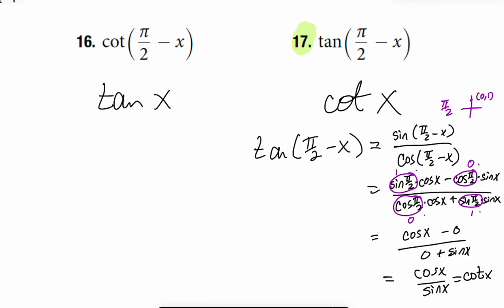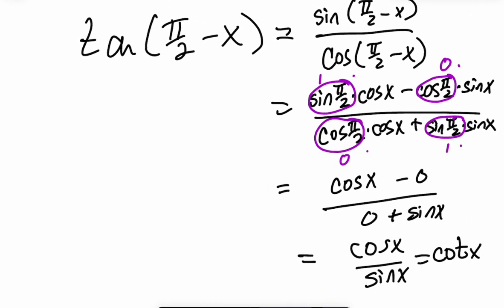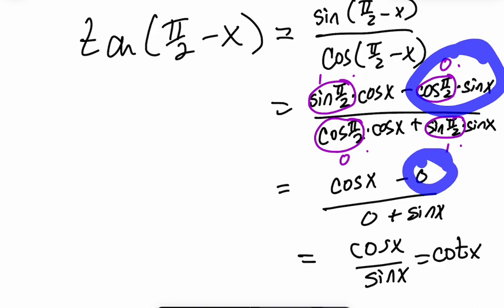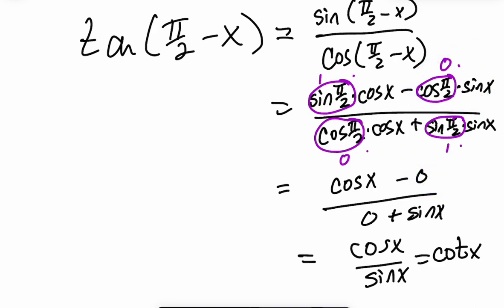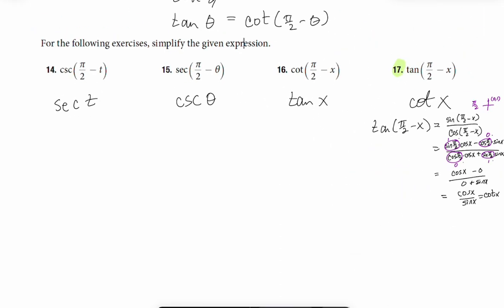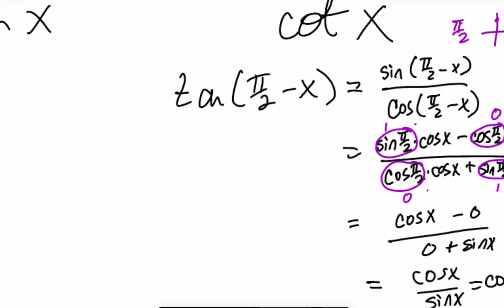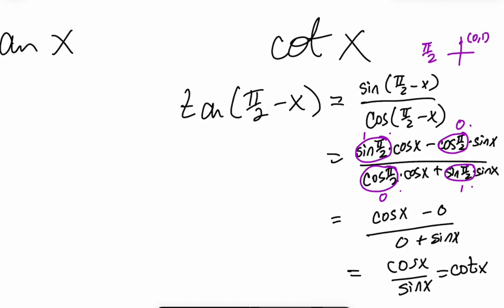It was multiplied by 0. 0 times the sine of x. The cosine of pi over 2 is 0. So that's 0 times the sine of x, which becomes 0. Okay. So that was kind of like just a proof of how that works.